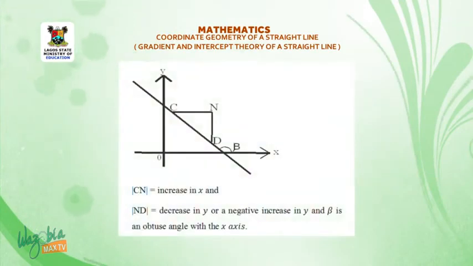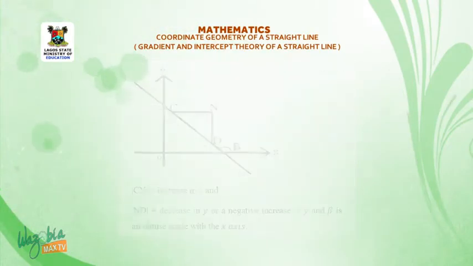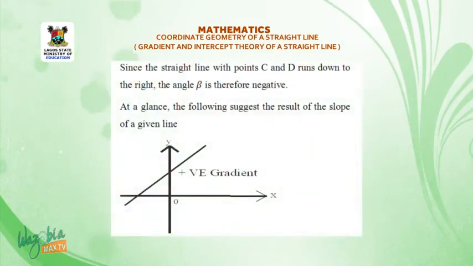The modulus CN is equal to increase in x, and the modulus ND is equal to decrease in y, or a negative increase in y, and beta is an obtuse angle with the x-axis. Since the straight line with points C and D runs down to the right, the gradient is therefore negative.